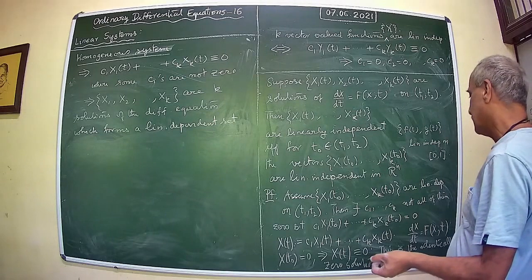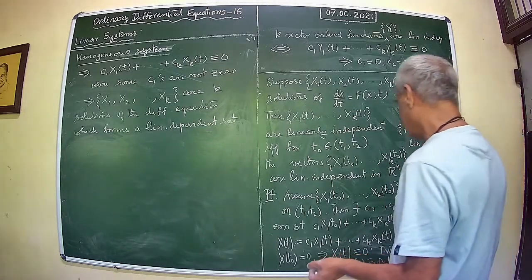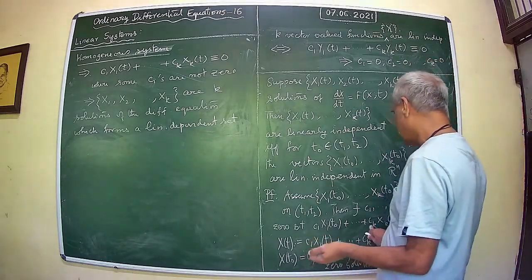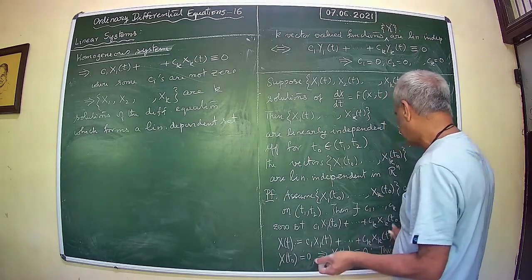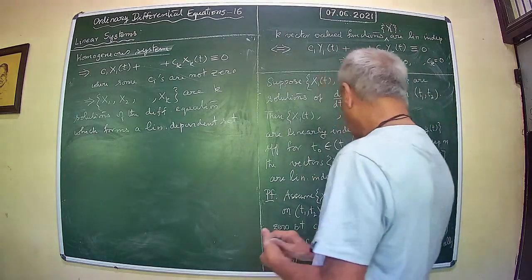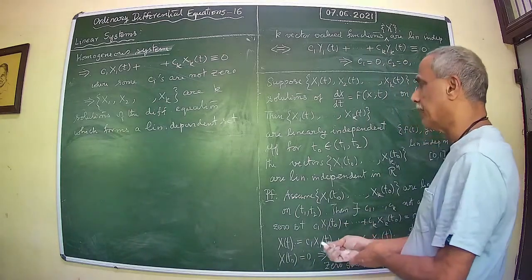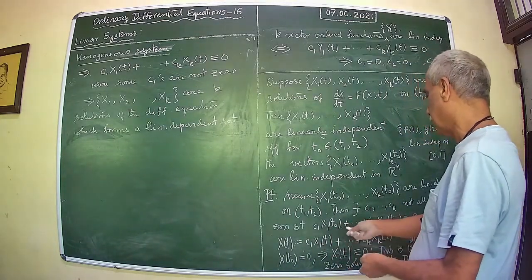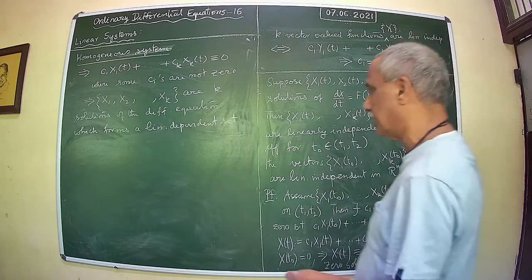You get c1 equal to 0, c2 equal to 0, ck equal to 0 under the assumption that x1, x2, etc. xk are linearly independent vectors. Now these are linearly independent vectors.